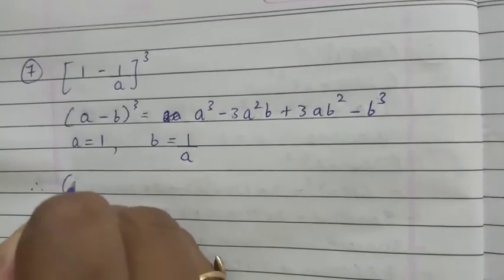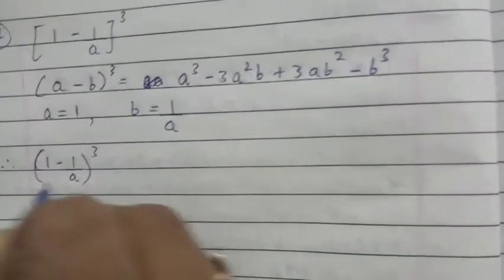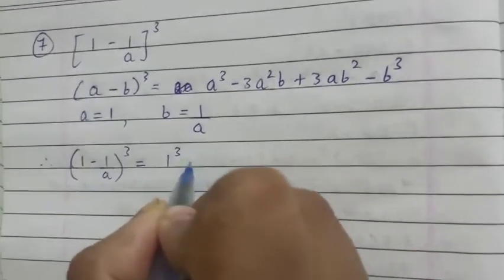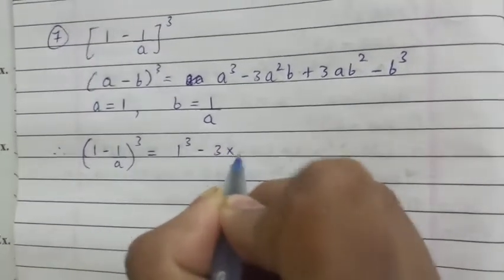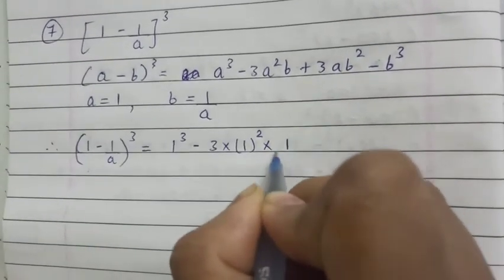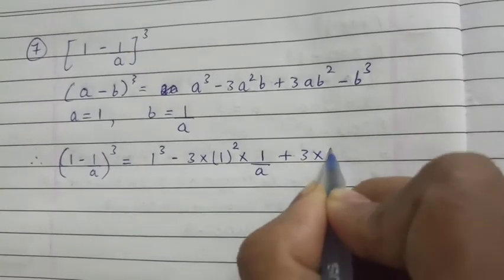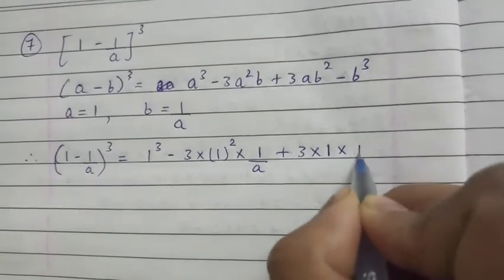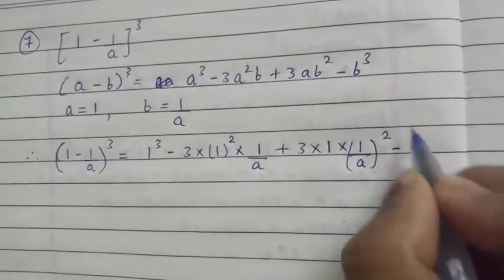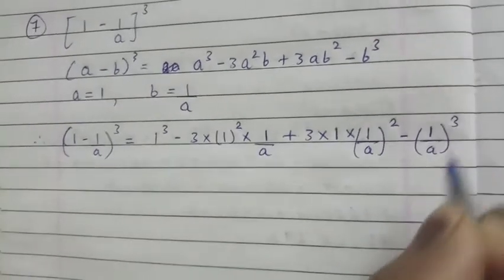Therefore we have 1 minus 1 upon a whole cube is equals to a is 1. So 1 cube minus 3 into 1 square into b is 1 upon a plus 3 into a is 1 into b is 1 upon a square minus b cube. B is 1 upon a and its cube.